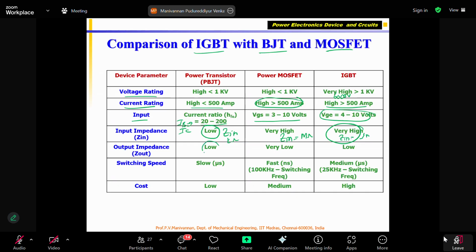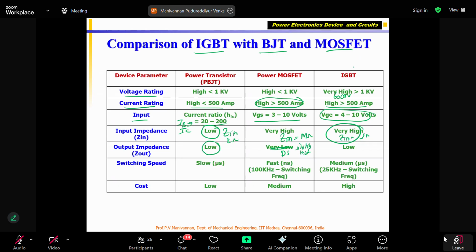Output impedance of a transistor is low. Power MOSFET is, sorry, this is not very low, it is slightly high. Compared to the power transistor, the resistance between the drain and source is slightly high.